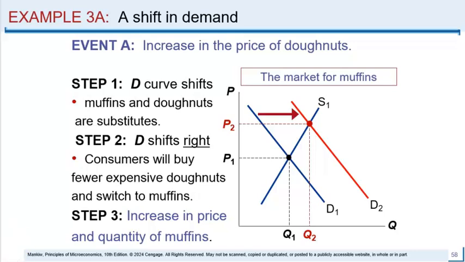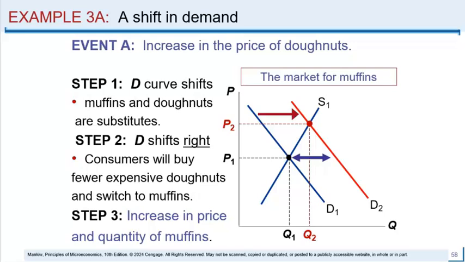Now this change leads to an increase in the equilibrium price from P1 to P2 and an increase in the equilibrium quantity from Q1 to Q2. Now how did we reach this new equilibrium? When the demand curve shifts to the right from D1 to D2, at the original price level P1, you can observe there should be a shortage.